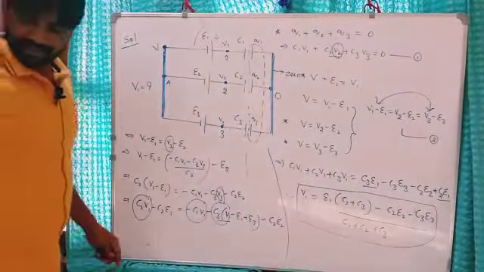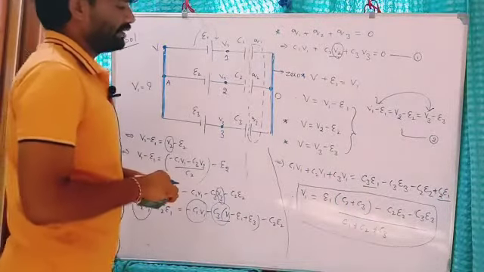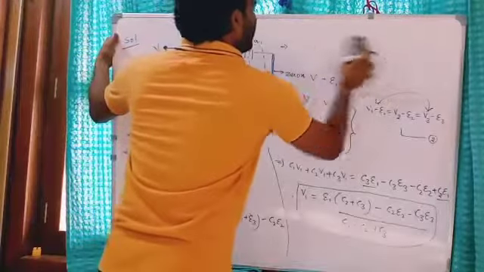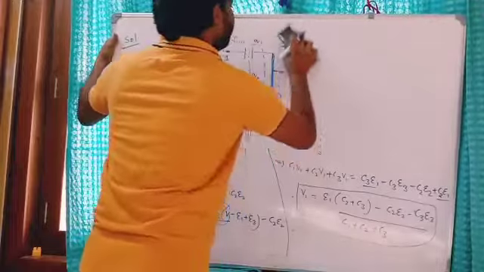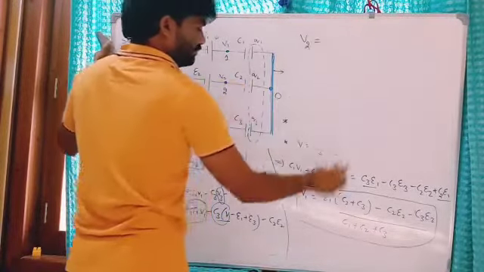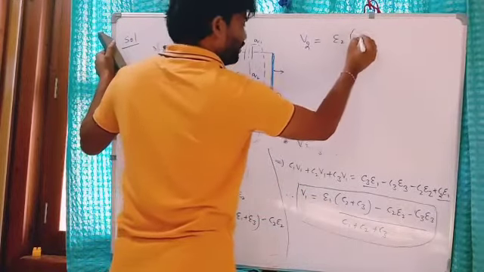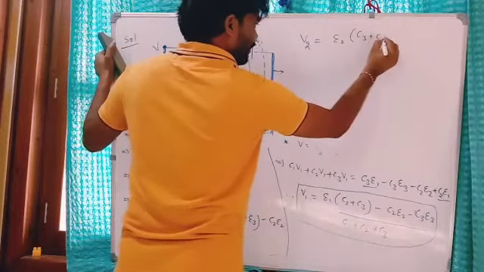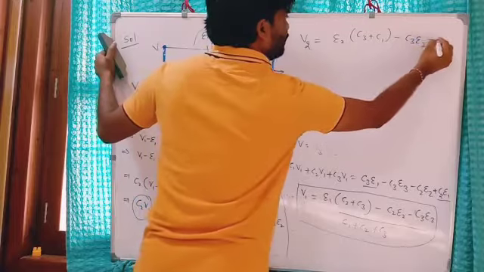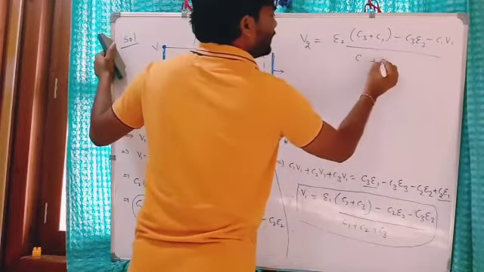By using this formula you can also write the relations for V2 and V3. Based on this, V2 equals E2 times C1 plus C3, minus C3 E3 minus C1 E1, divided by C1 plus C2 plus C3.